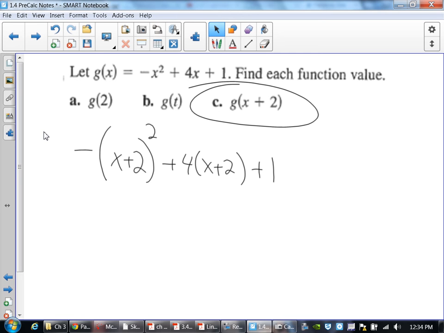Junk times junk. So if you sat there and took x plus 2 quantity squared and you wrote x squared plus 4, what happens?